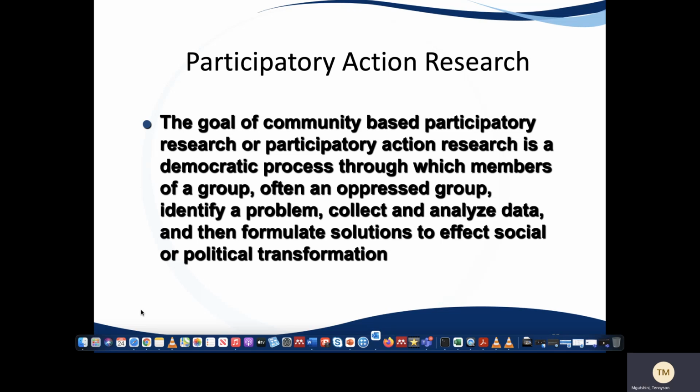So, as you see, there's the word participatory, which involves participation, then there's action, and then there's research.